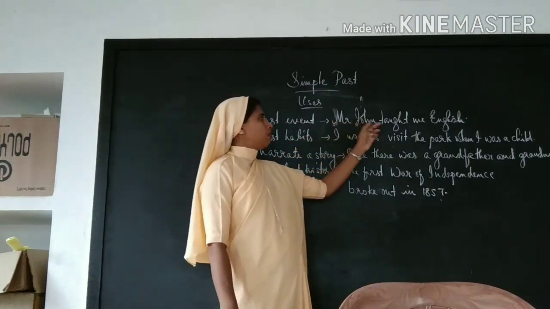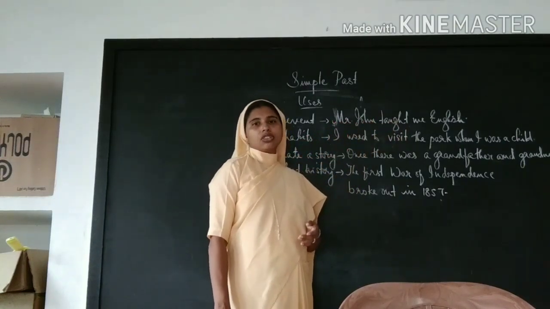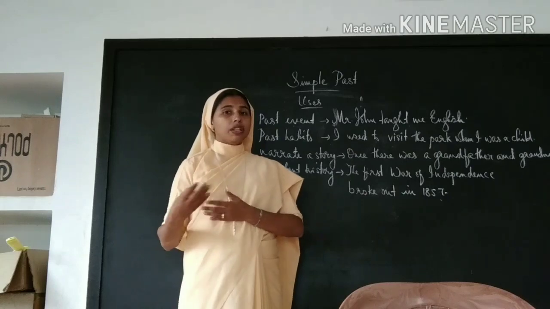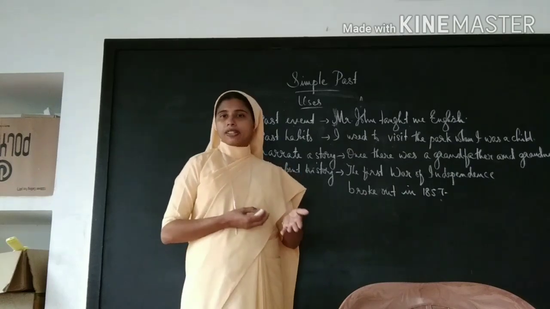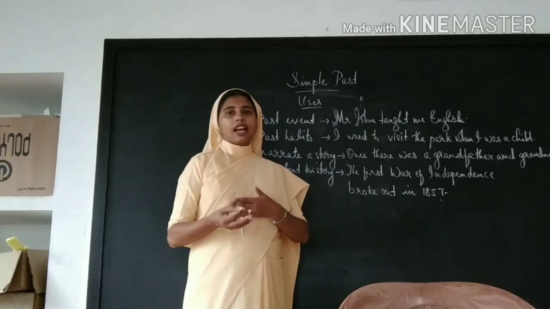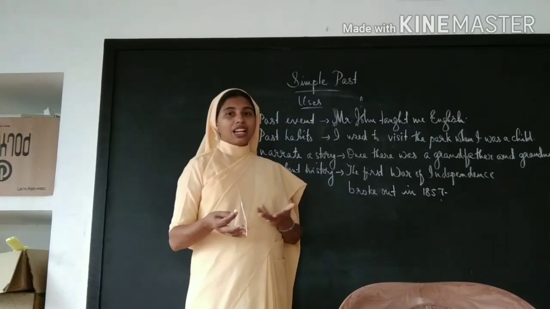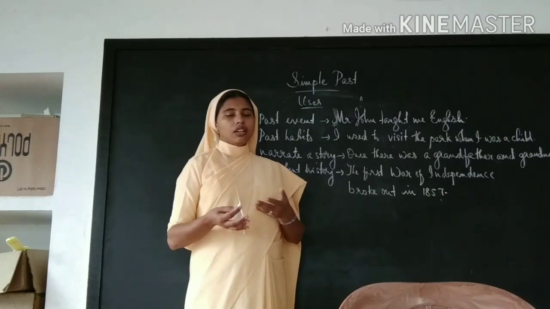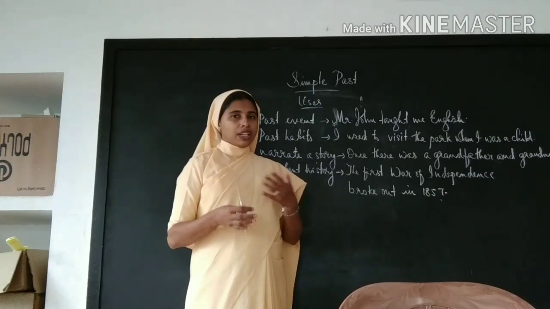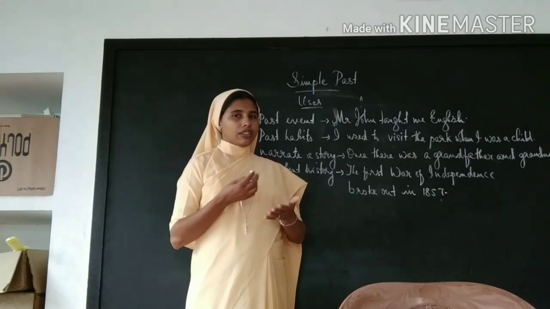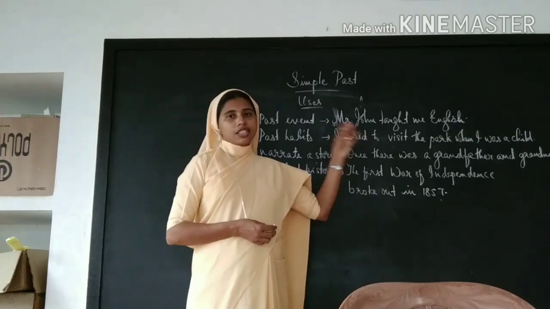For example, Mr. John taught me English. Okay, that must have been at some period of time in the past, but that's a thing that happened in the past. Okay. Or I visited my uncle. There is no mention of anything particular. Without reference to the time, we can use simple past tense.